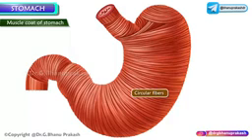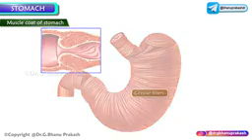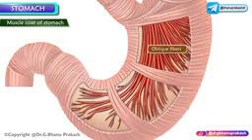And next, inner circular fibers encircle the stomach, and they are thickened at the pylorus mainly to form the pyloric sphincter. And the deepest layer is the oblique layer, which contains obliquely placed fibers which loop over the cardiac notch, and some of these fibers spread in the fundus as well as body of the stomach.